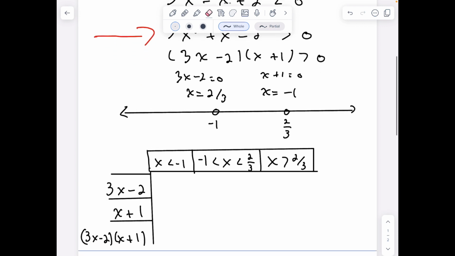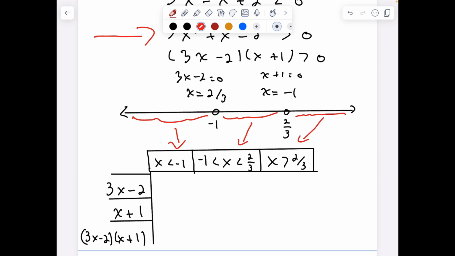I'm going to consider each of the regions, well, they're intervals, that you have here. All the stuff less than -1 is represented here. All the stuff between -1 and 2/3 is represented by that inequality, and everything greater than 2/3 by that.